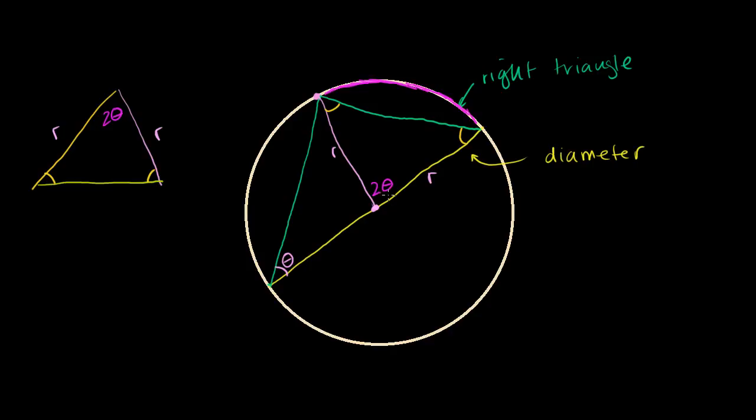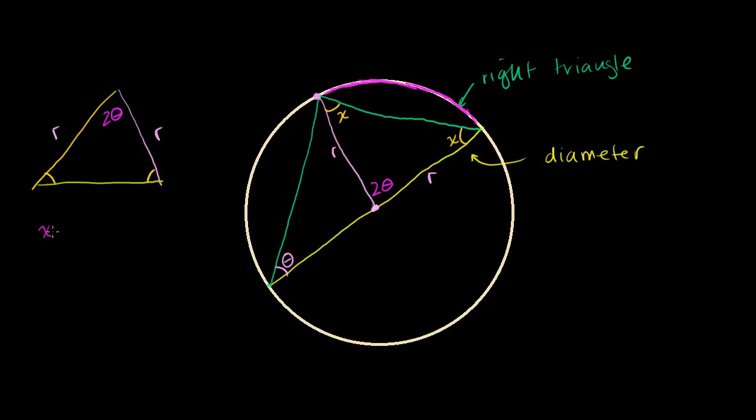Now, I already used theta, so maybe I'll use x for these angles. So this has to be x, and that has to be x. So what is x going to be equal to? Well, x plus x plus 2 theta have to equal 180 degrees, since they're all in the same triangle. So let me write that down.